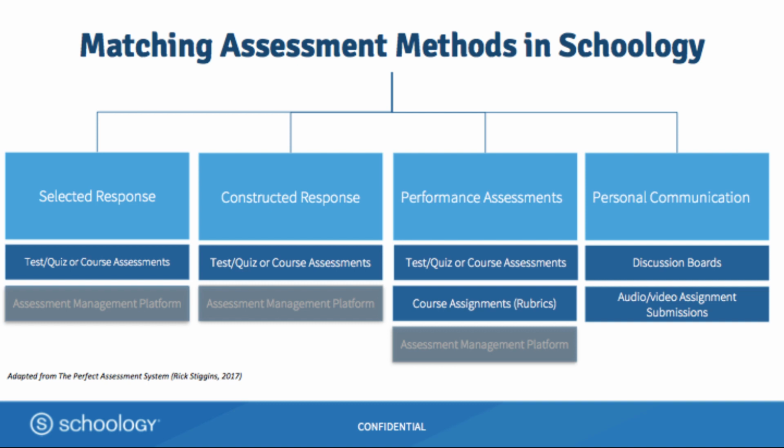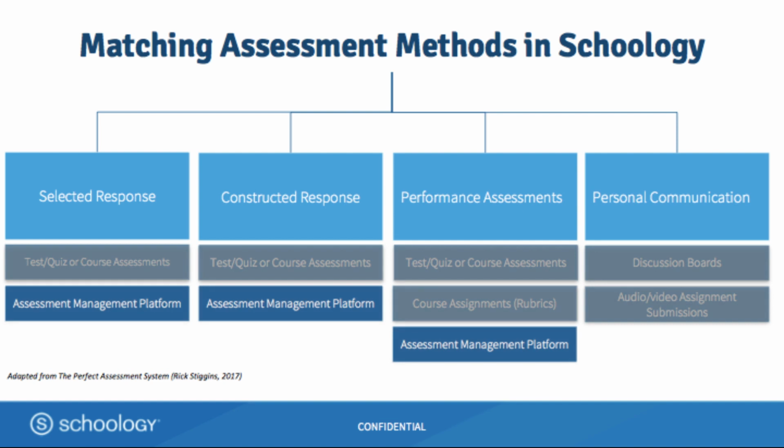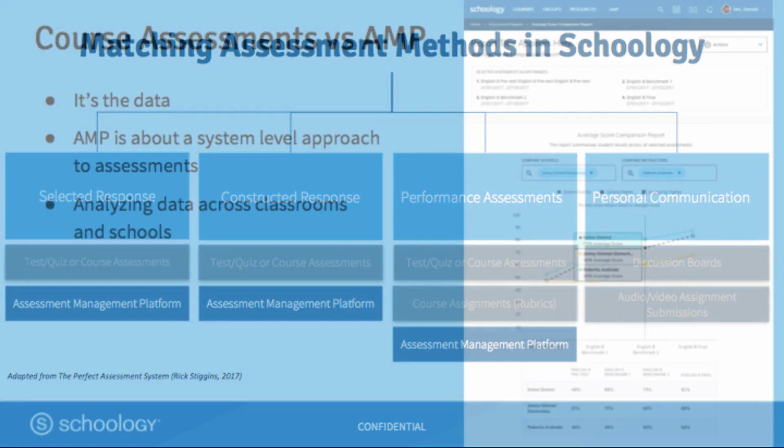All of those can be aligned to standards and even graded on a rubric if you're assessing more than a single standard. If you need to look at data across sections or schools, or disaggregate data by groups like ethnicity or gender, the Assessment Management Platform, or AMP, is the platform solution designed to meet that need. Assessment teams can build test banks collaboratively, manage those assessments across a system, and measure results across that system.